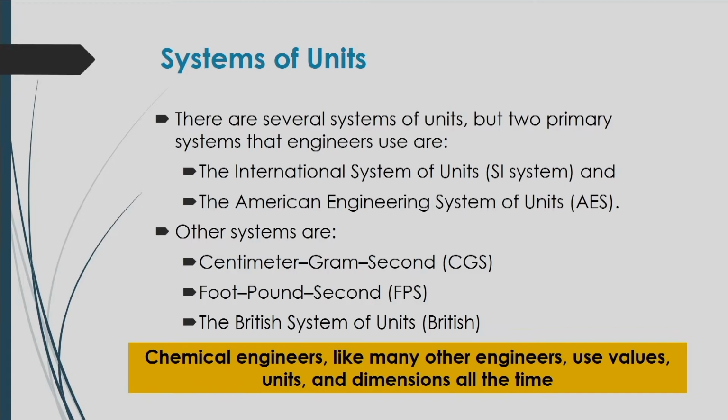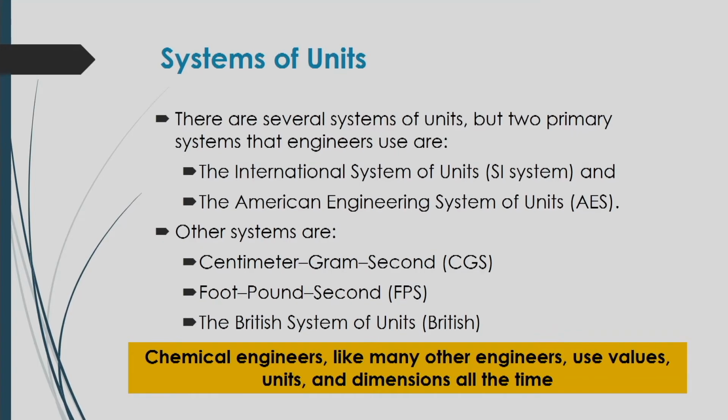There are several systems of units, but two primary systems that engineers generally use are the International System of Units, that is the SI system, and the American Engineering System of Units, in short form called AES.